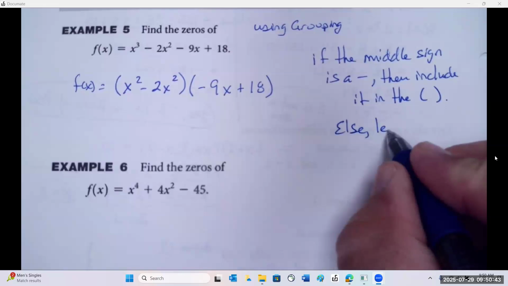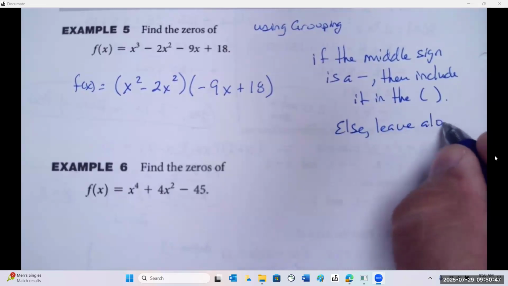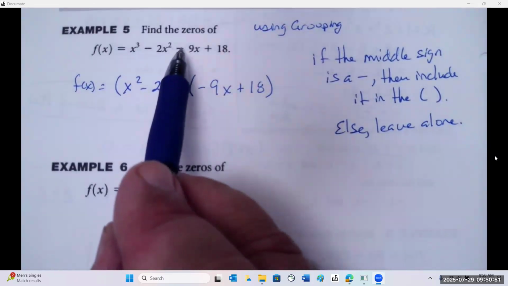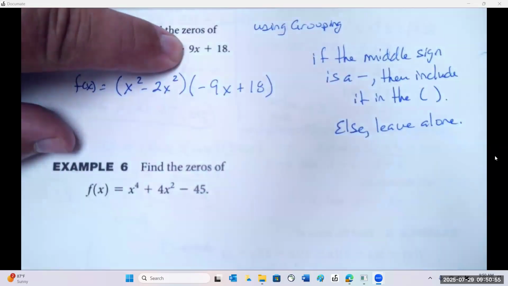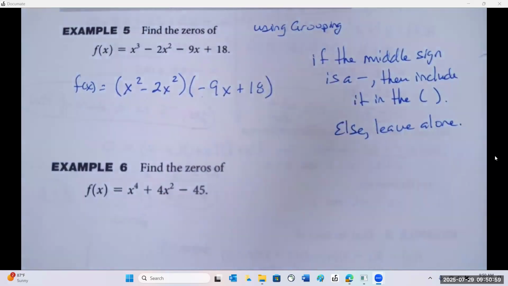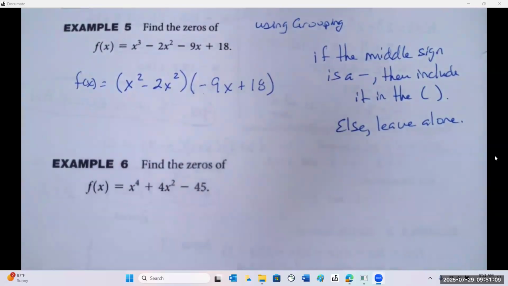Else leave it alone. In other words, if that was a plus, then we'd put a parenthesis around the 9x and 18. But since it's a minus, we put it inside there. So that's my first step: put parentheses on the first two terms and the second two terms.